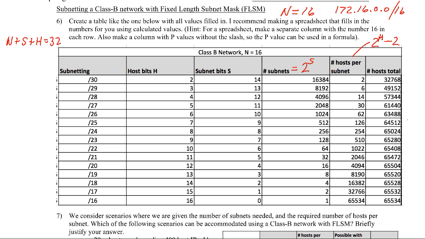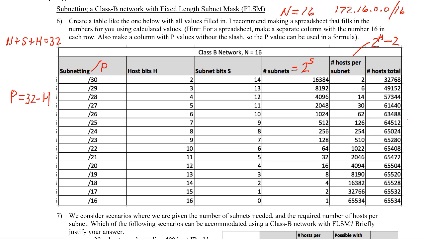In every case I have what I call a /P, where P is equal to 32 minus H. So when H is 16, I go /16.